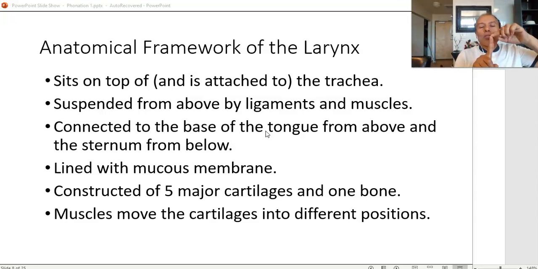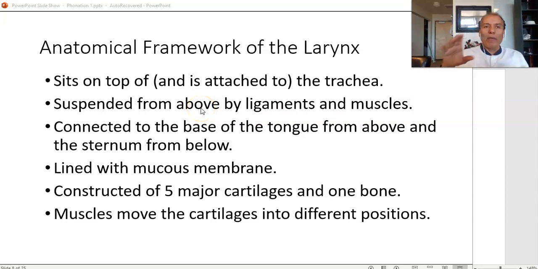On top of the trachea, you have one big solid ring called the cricoid cartilage, and that serves as the base and the foundation of the larynx. The cricoid cartilage is a major part of the larynx, and it sits right on top of the trachea.